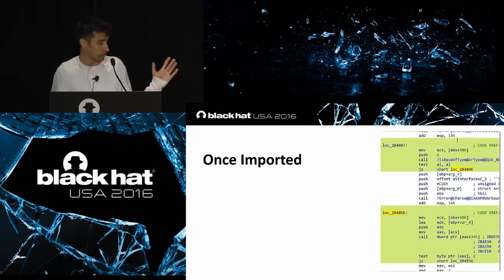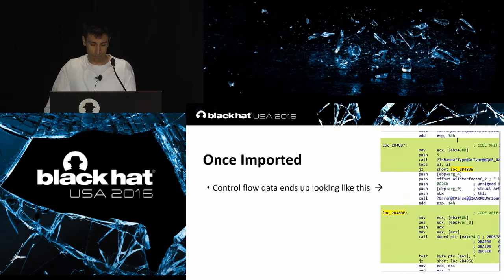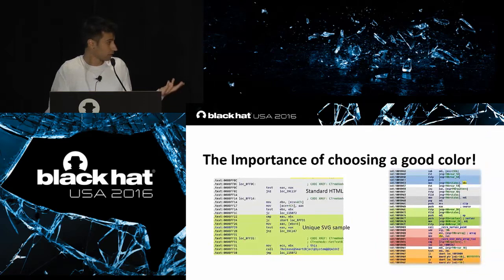And when you import the information into IDA, it ends up looking a lot like this. The green highlighted sections are basic blocks that have been exercised, and you can see it jumped over that one. And off to the right, you can see some virtual calls there that have been resolved. Now, I went through a bit of a process trying to choose the colors to represent it.